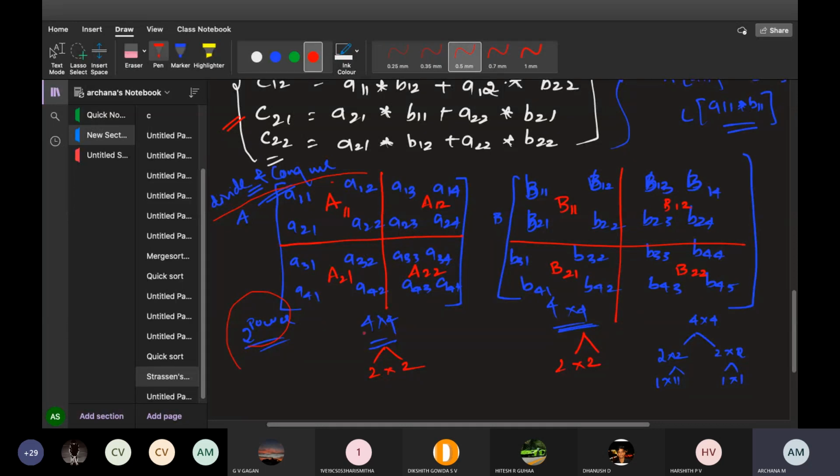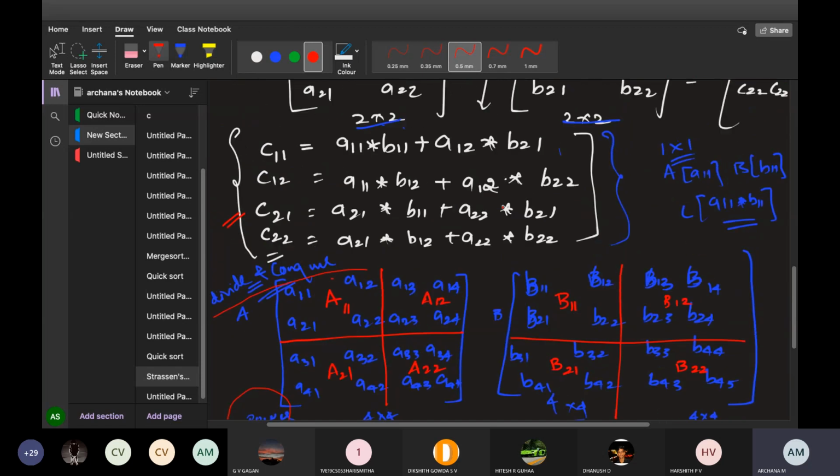I divided the 4 cross 4 matrix into 2 cross 2 and I wrote these elements like this. Now we can easily multiply this with these formulas, right? Same thing. Look here, this formula. C11 equals A11 into B11 plus A12 into B21. This is multiplying with the help of rows and columns. You'll get the same formulas which you used previously for this also. This is what divide and conquer technique is. Understood?